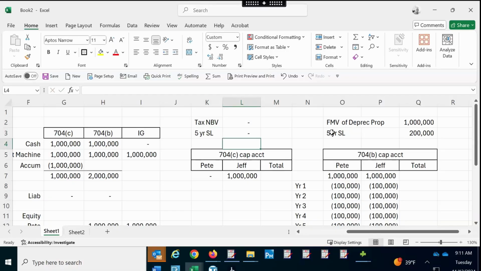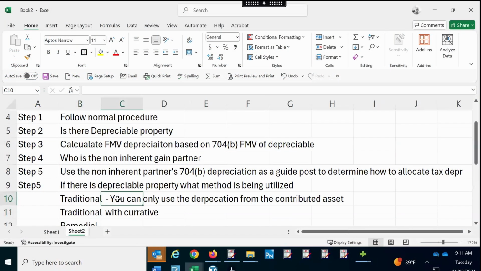0. So Jeff is owed $100,000 of depreciation, correct? From a fair value perspective? Yes. And traditional says that, what's that say, Brett? You can only use the depreciation from the contributed asset. Uh-huh.